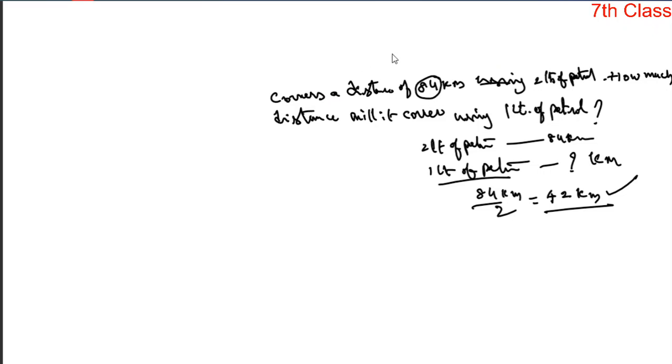Suppose instead of this 84, a vehicle covers a distance of, say, one decimal number, 86.4 kilometers, using, instead of 2 liters, say 4.8 liters of petrol.